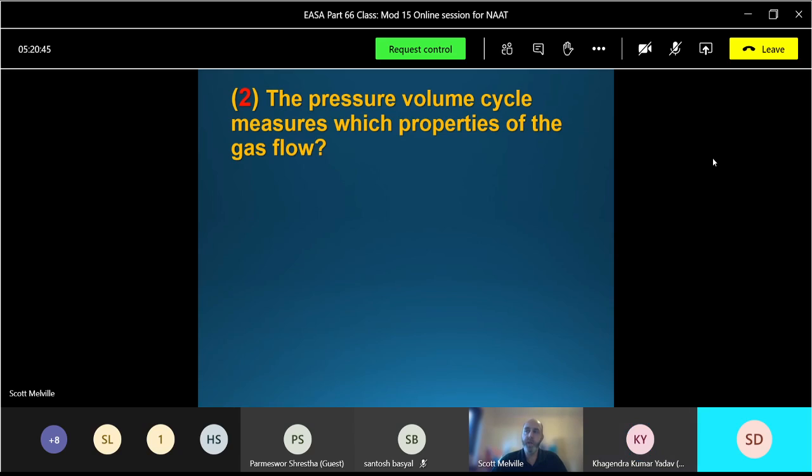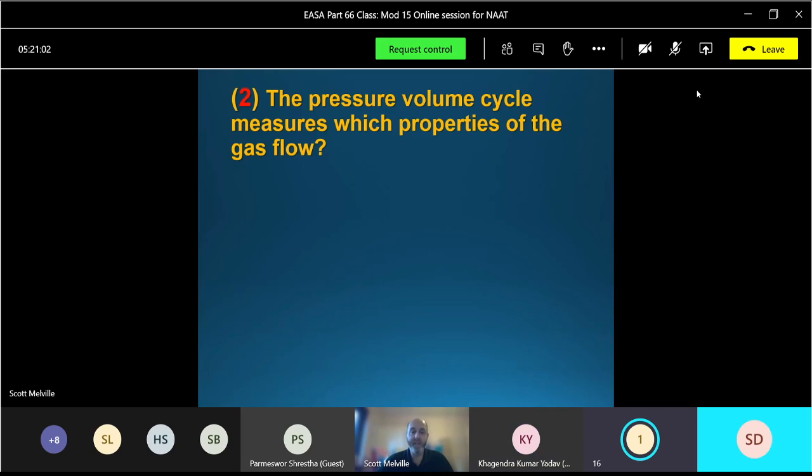Pressure volume cycle measures which properties of the gas flow. It's easier than you think. Pressure versus volume? Yeah, pressure volume. That's it. Yeah, pressure against volume. So your PV diagram, pressure against volume. So that's basically what a pressure volume one is. Okay.